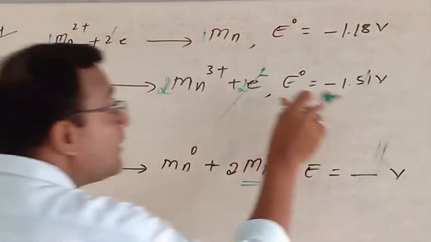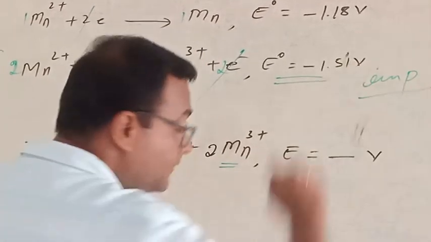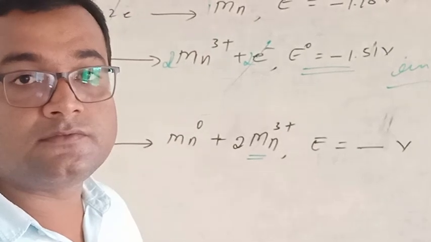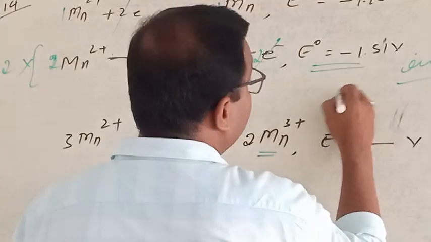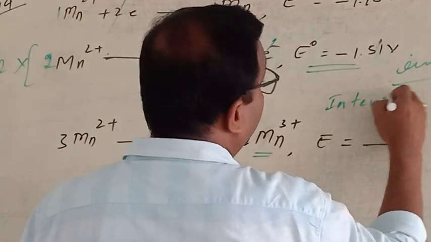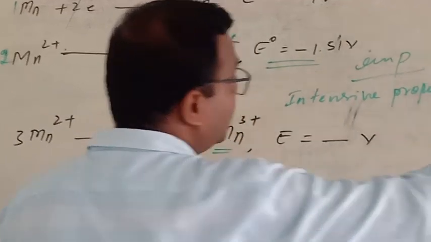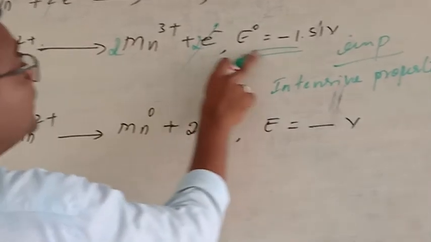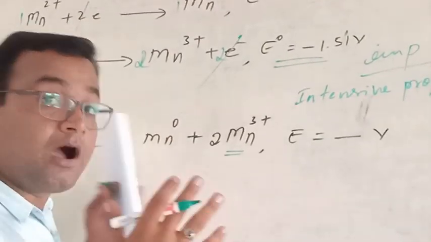But here one thing is important. Electrode potential is an intensive property. Intensive property means that when you multiply the equation by 2, the potential is not multiplied, because it does not depend on the amount.